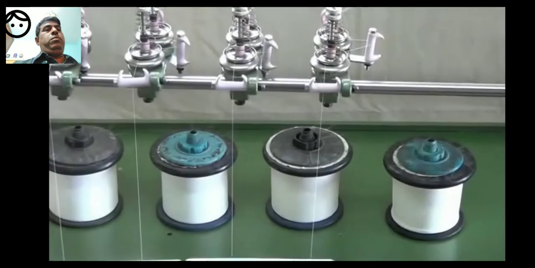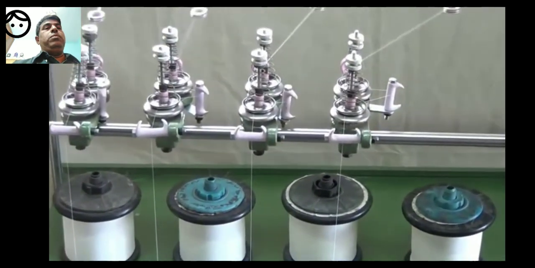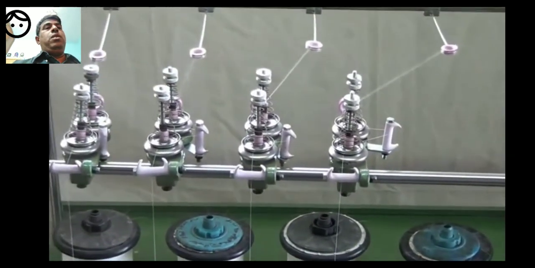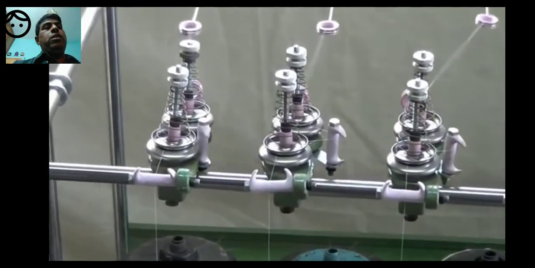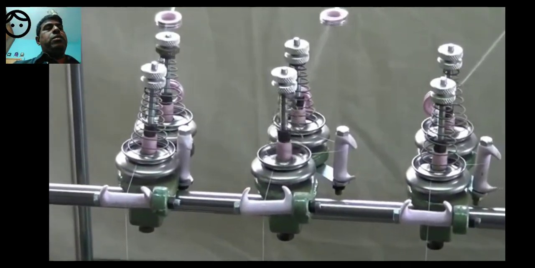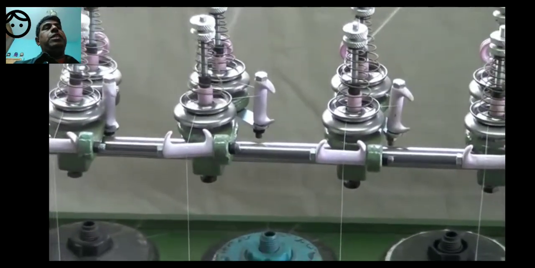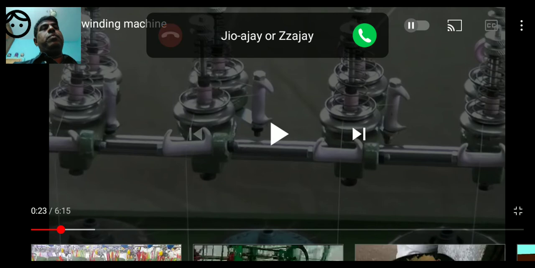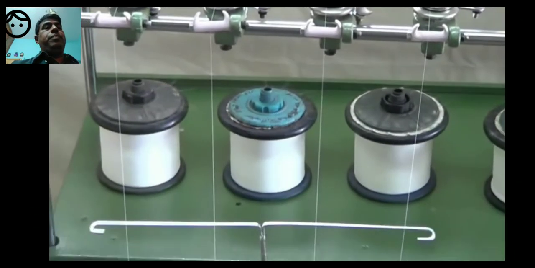This is the working demo of automatic pern winding machine. Those are thread guides. The springs are tensioning devices. Disc tensioners. As you see, disc type, here is the basic model of automatic pern winding machine.